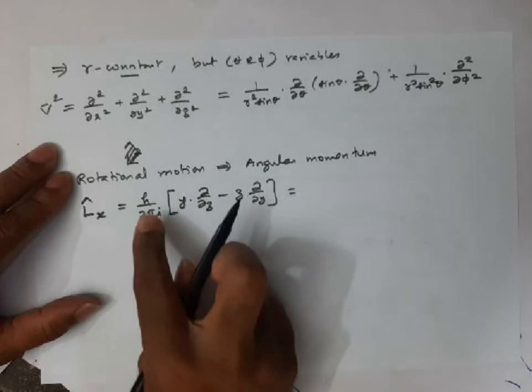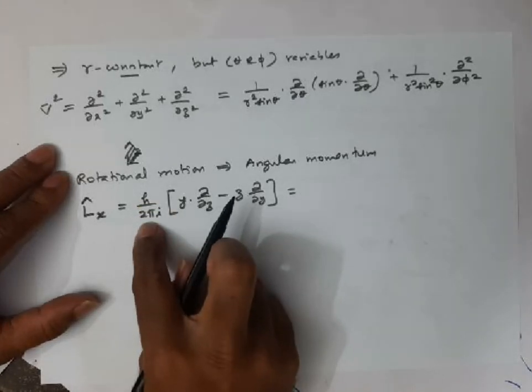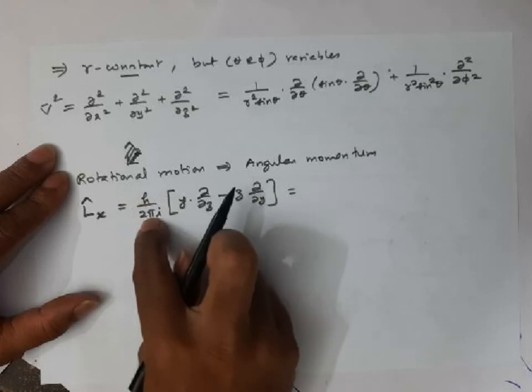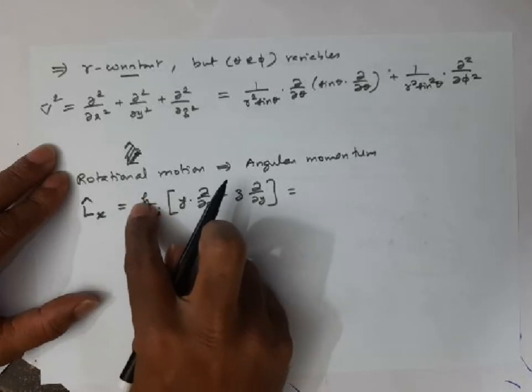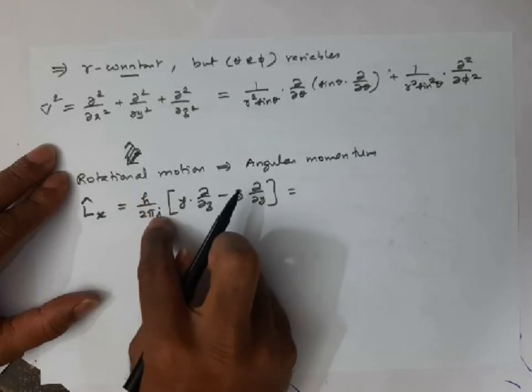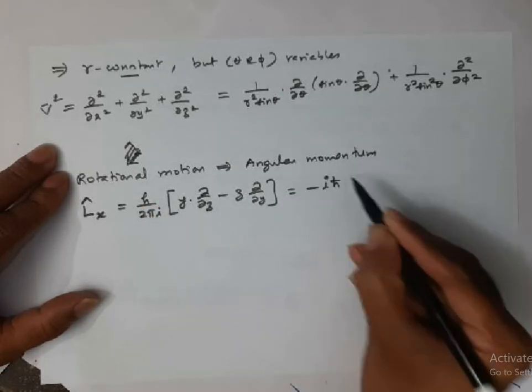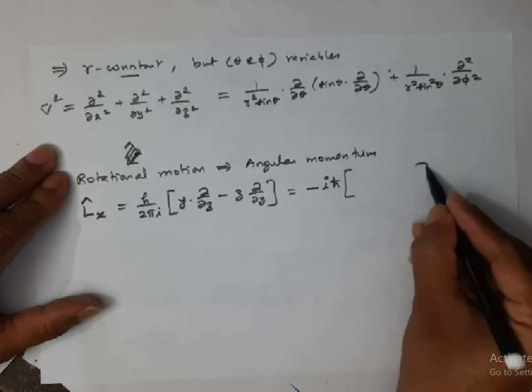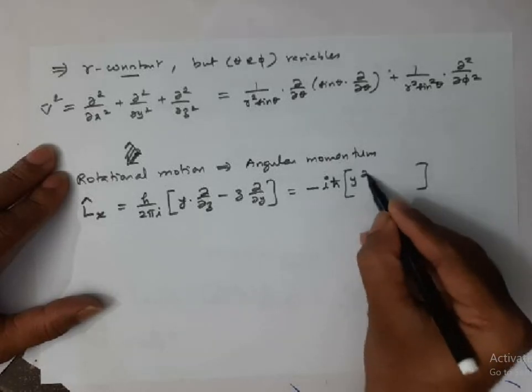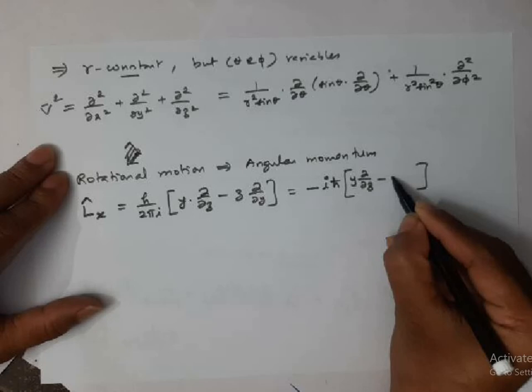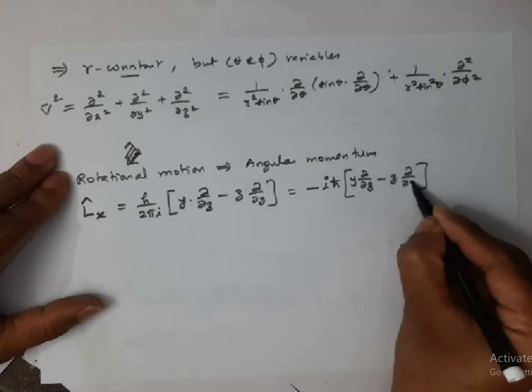You can also write h by 2π as h bar, multiply numerator and denominator by i, so you get i in the numerator, i² in the denominator, i² is minus 1, so you can write minus i h bar into this quantity: y ∂/∂z minus z ∂/∂y.